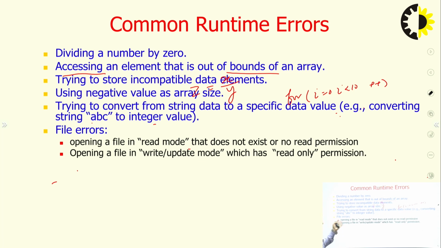And last is file error. We are trying to open a file which we don't have permission to open, or it doesn't exist in the directory. We are trying to write or update a file, but it has read only permission. So these kinds of common errors can occur during runtime. There are a lot of errors we will also discuss further.